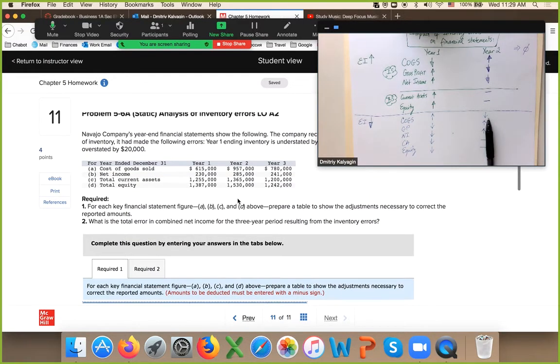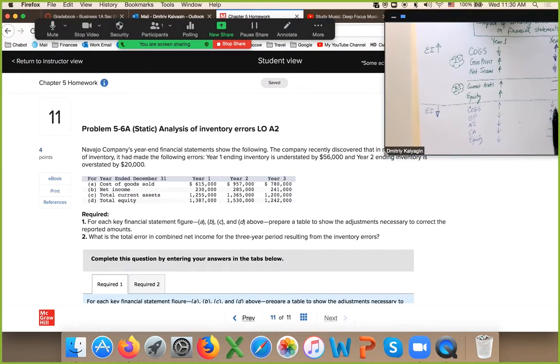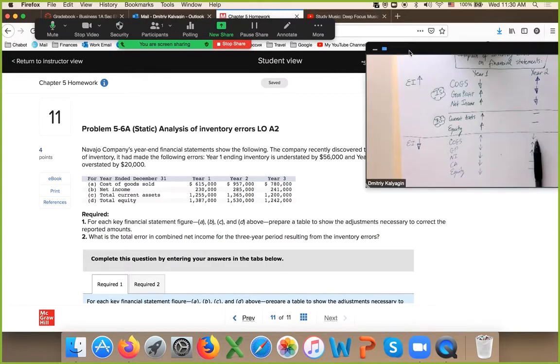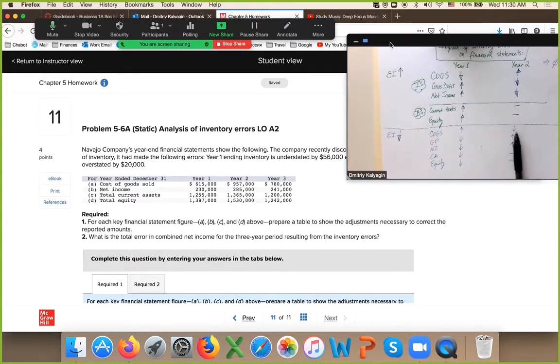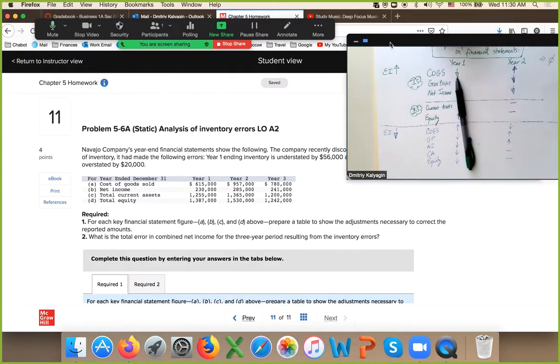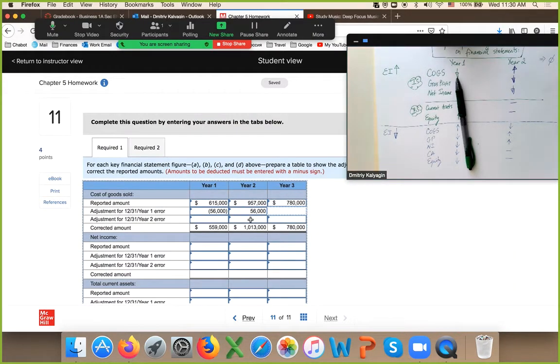The second year mistake, in year 2, ending inventory was overstated. So I'm following COGS, which means year 1 COGS was too low. So this was in the second year.